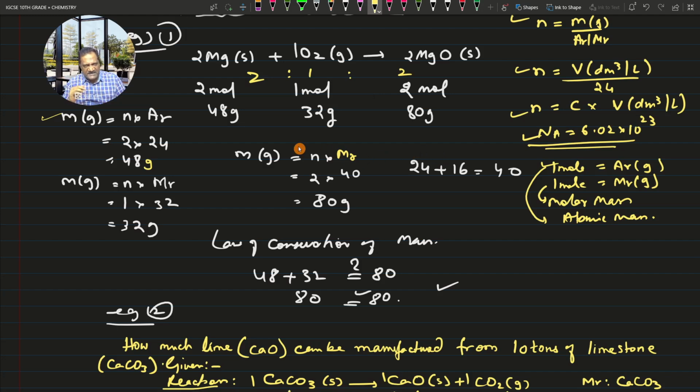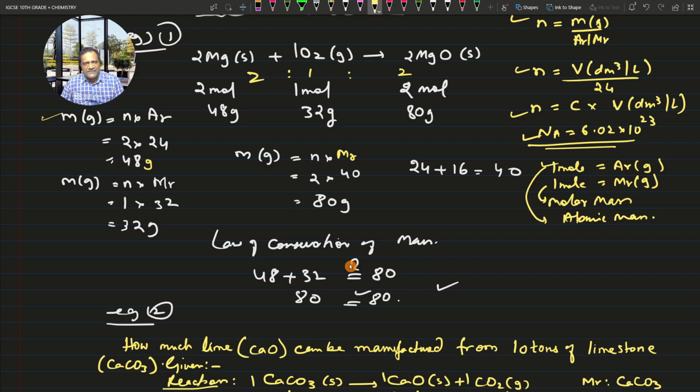What I mean to say is the total of the reactants' mass should always be equal to the mass of the product. So here 48 plus 32 is the mass of the reactants. If you add that up, you get 80. And the mass of the product is also 80. So you can see that the reactant and the product, the mass is remaining unchanged. This is known as the law of conservation of mass. In any chemical reaction, the total mass of the reactants is always equal to the total mass of the products. So that has been proved over here.